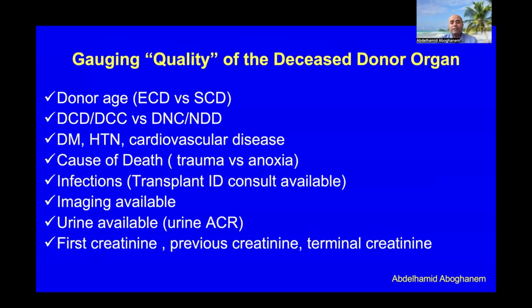For the quality of the deceased donor kidney, usually we look at the donor age to decide if this is a standard criteria or extended criteria donor, as we discussed in the previous talk. And whether this donor is DCD or DBD, after cardiac death or after brain death, any history of diabetes, prolonged hypertension, cardiovascular disease.